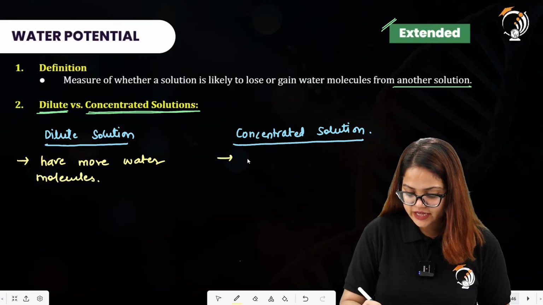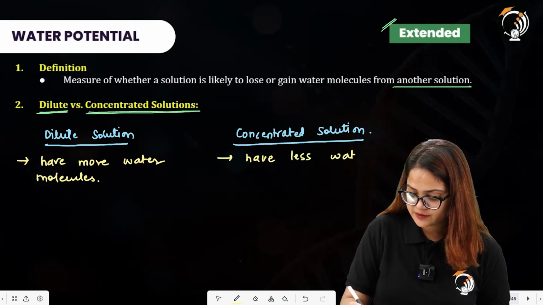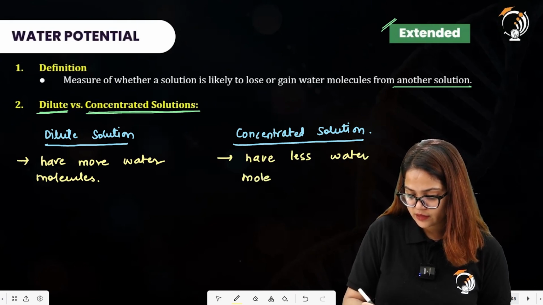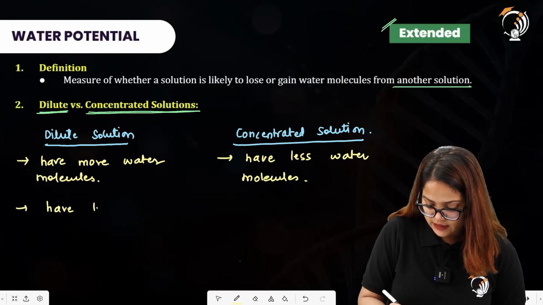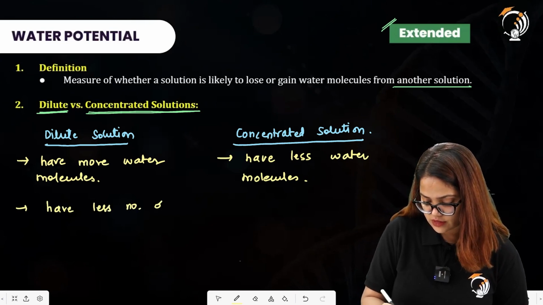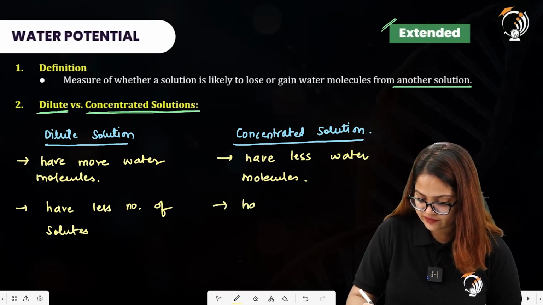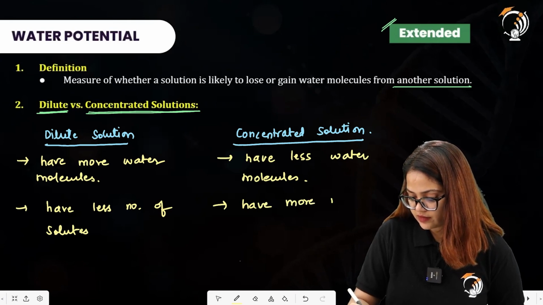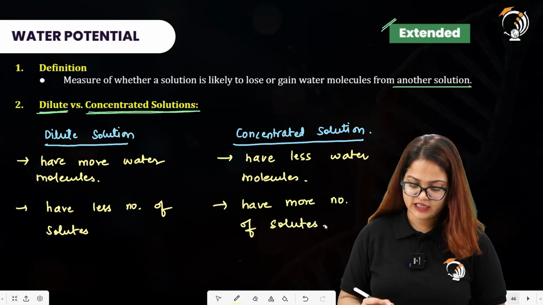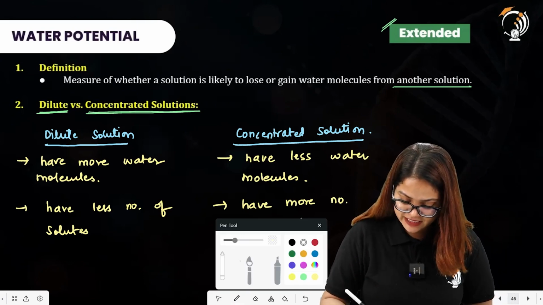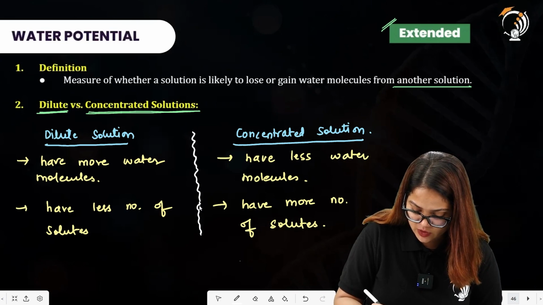The concentrated solution has less water molecules. The dilute solution has less number of solutes. The concentrated solution has more number of solutes. Now, we only know about these two differences whenever we talk about the dilute solution and the concentrated solution.